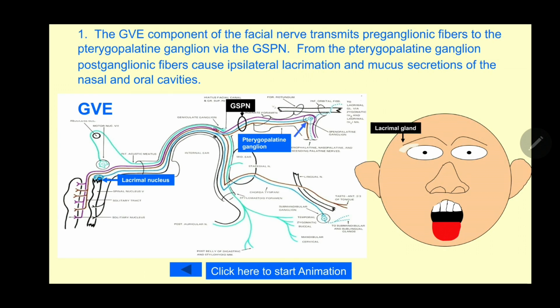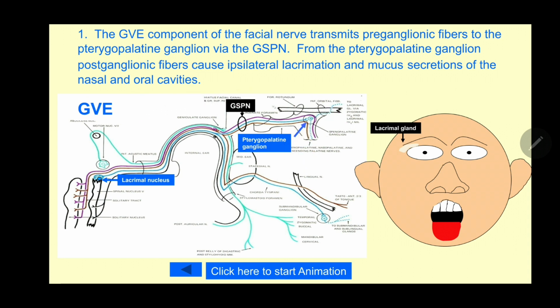Okay. So in this diagram, general visceral efferent. The general visceral efferent component of the facial nerve transmits preganglionic fibers to the pterygopalatine ganglion via the greater superficial petrosal nerve. From the pterygopalatine ganglion, postganglionic fibers cause ipsilateral lacrimation and mucus secretions of the nasal and oral cavities.